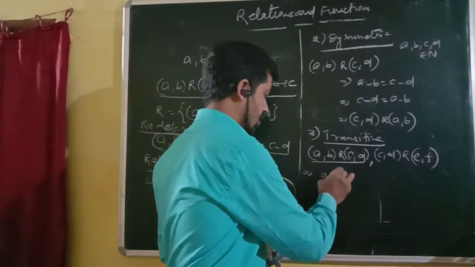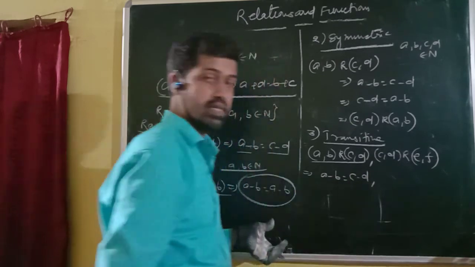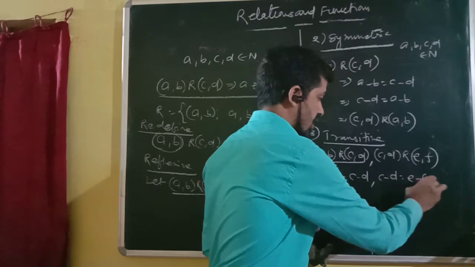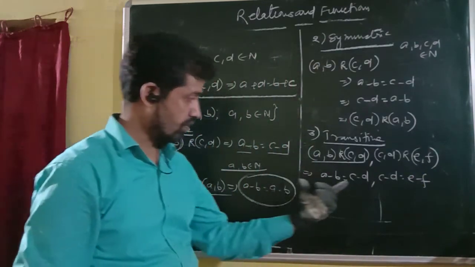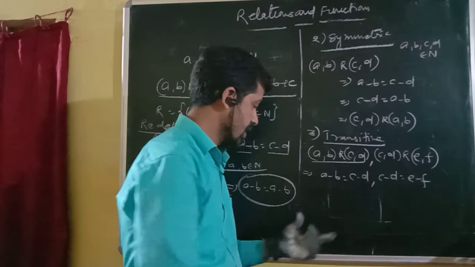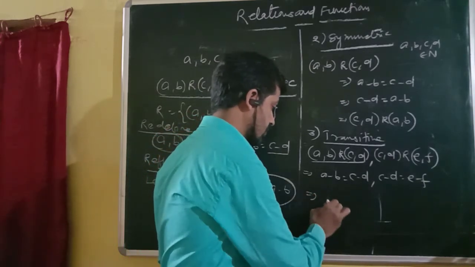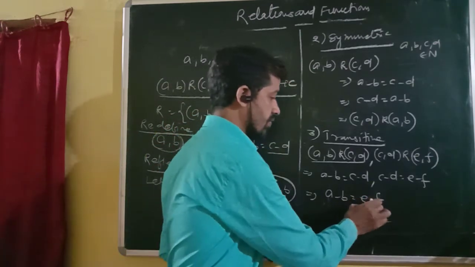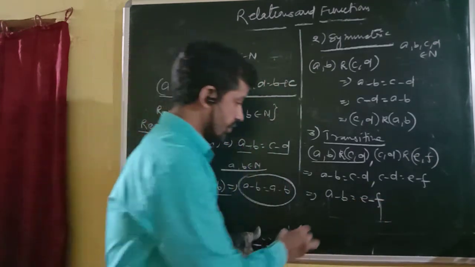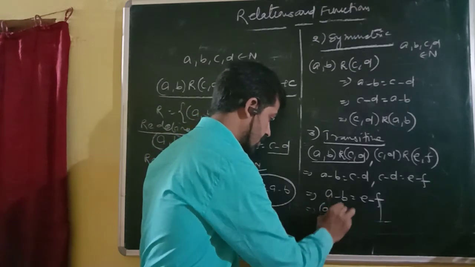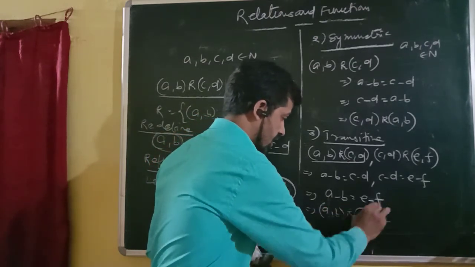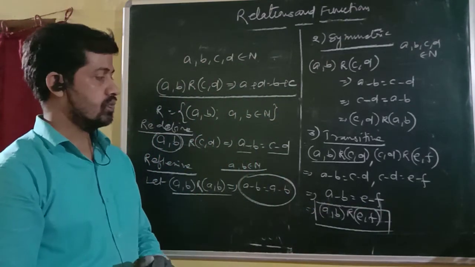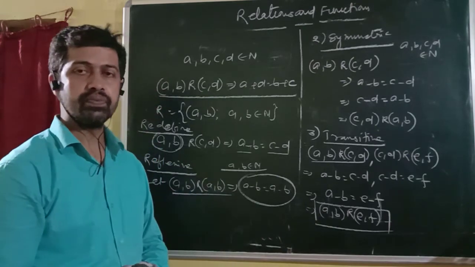So we get A minus B equals C minus D. Likewise, for this, we get C minus D equals E minus F. And from both these conditions, we can easily conclude that A minus B equals E minus F, which further means that AB is related to EF. So finally the relation is transitive.